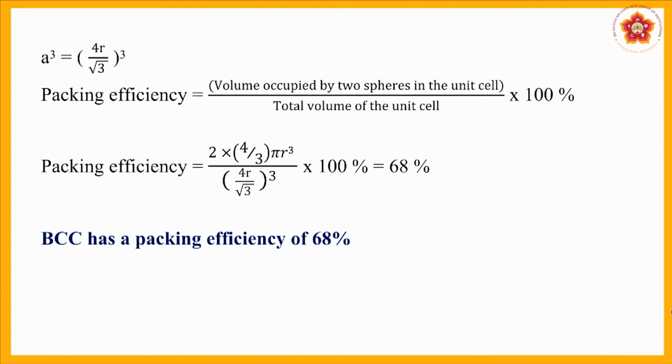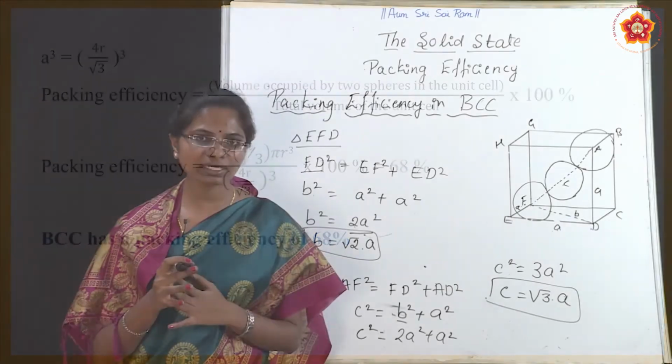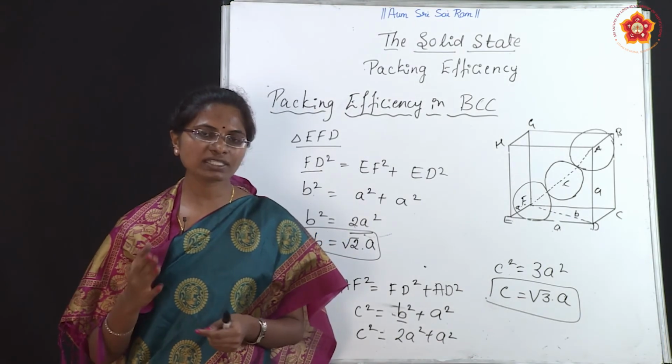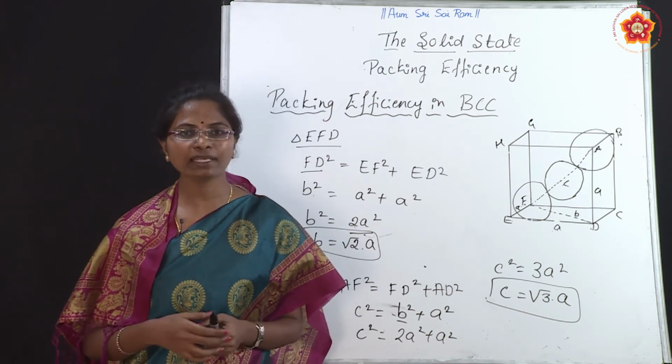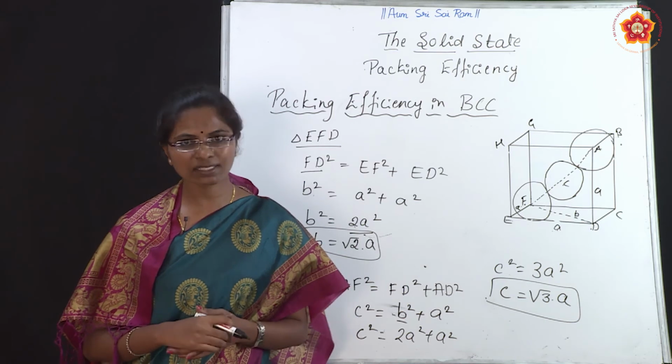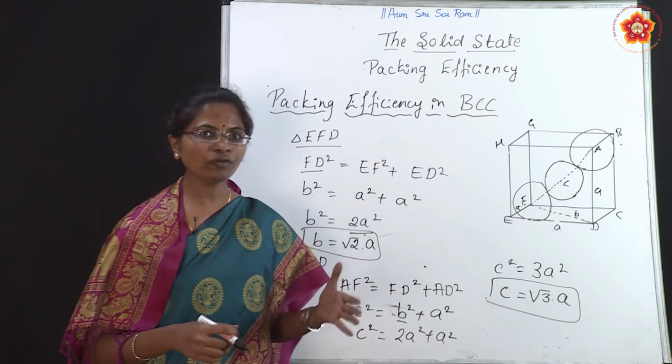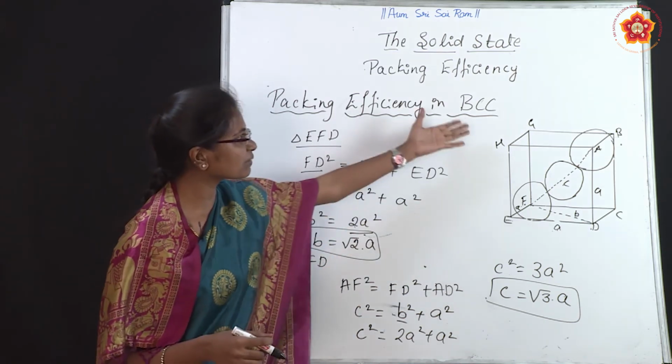So if you calculate putting all these values, you know how to do the calculation here, and we will get 68%. So the packing efficiency in BCC is 68%, meaning 68% of the volume is occupied by atoms, and 100 minus 68, that is 32%, is empty space in the BCC. Okay, this is how we have to calculate the packing efficiency in BCC.